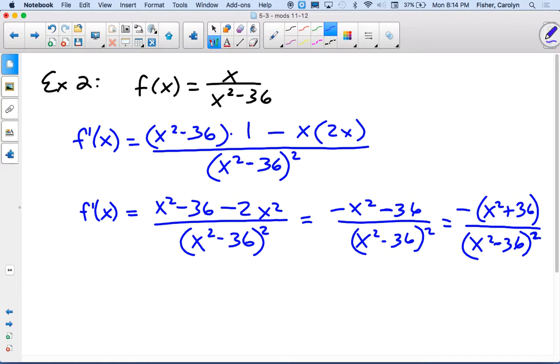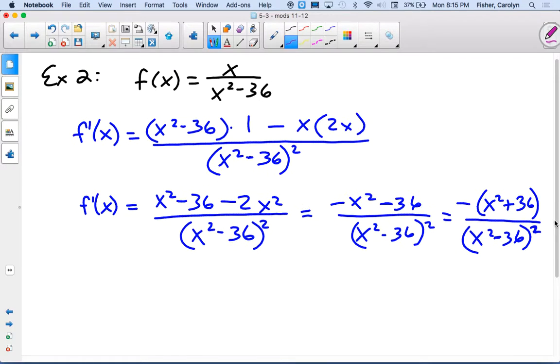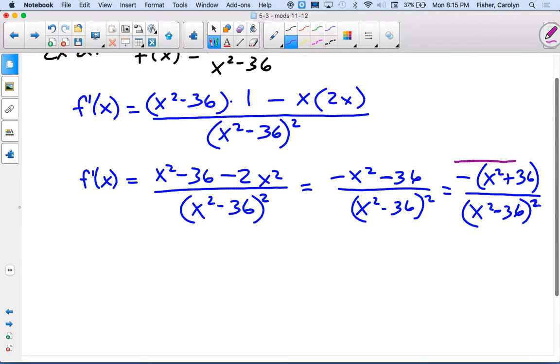So reminder that we're trying to find intervals of increasing and decreasing. So I'm going to take that and I'm going to try to find the critical points, which would be where my function could possibly have a maximum or minimum, not necessarily, but could. So I'm going to find when my first derivative is either equal to 0 or undefined. For the equal to 0 case, that would be me taking my numerator and setting it equal to 0.